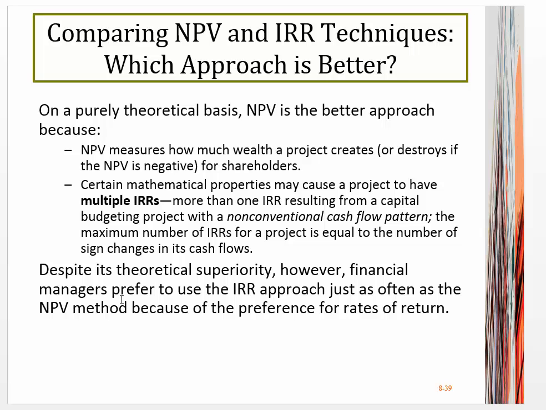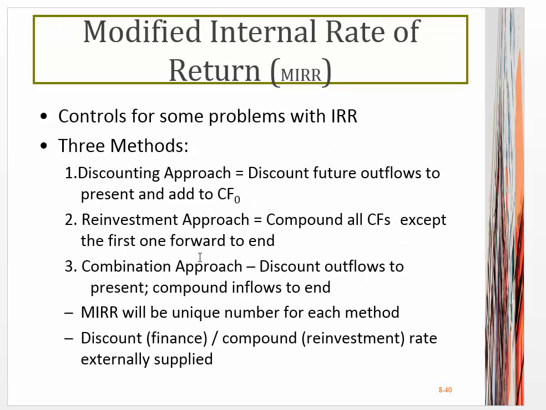Now, finishing up the chapter, we do have one more technique to talk about that's called the modified internal rate of return. And essentially what this does is it controls for some of the problems of the internal rate of return. It allows us to actually do calculations on projects where the cash flows are unusual or are what was referred to as being abnormal.